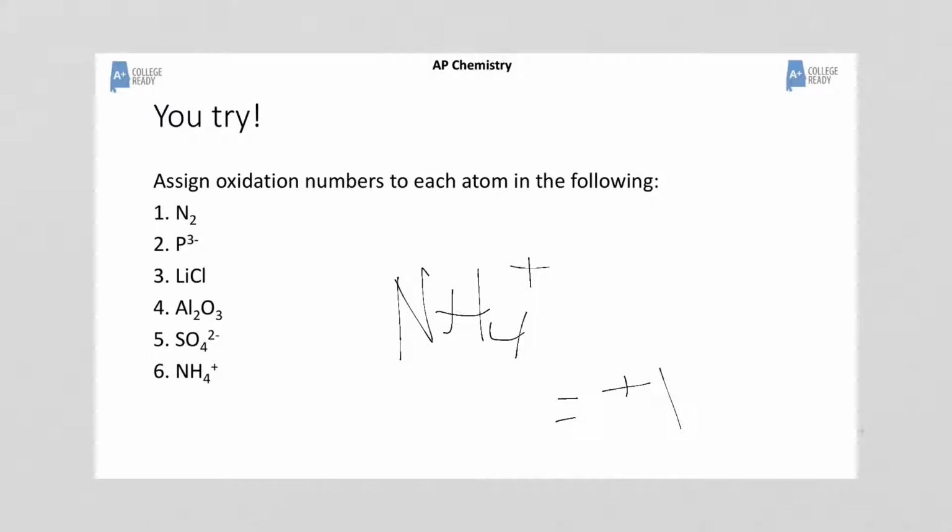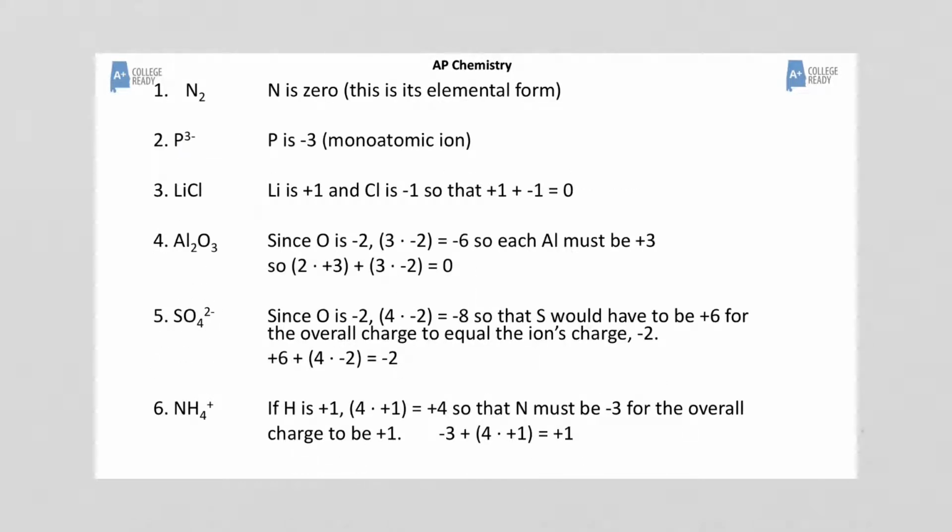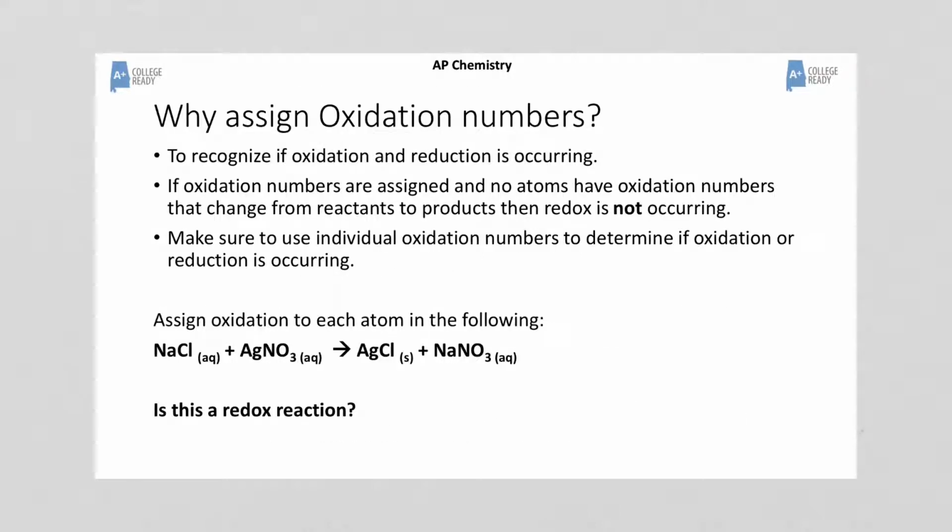So we have 4 hydrogens at plus 1 each. So that's an overall plus 4. So we can figure out what nitrogen would have to be to achieve plus 1 overall, and as you can see, it would be negative 3. Each of these examples is worked out specifically on the next slide.